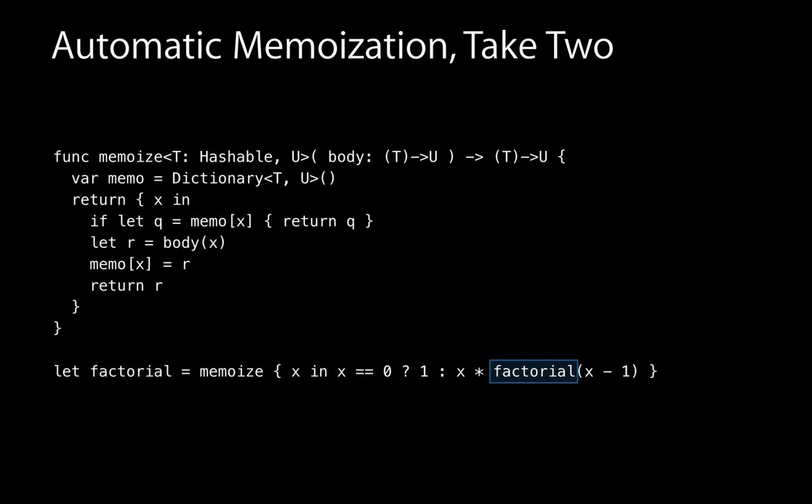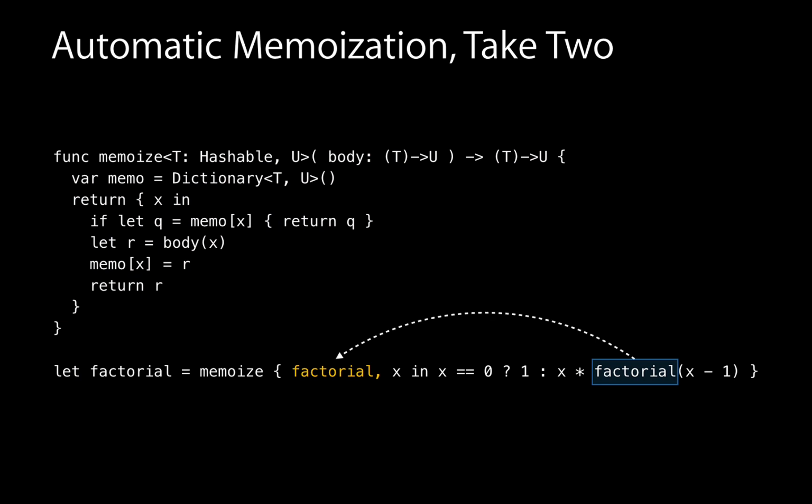You'll get it. Okay? So if we can pass factorial in as an argument to this body, then that factorial on the right, well, that refers just back to the function parameter. It's just like referring to x. See, now our closure has two parameters, a function and x.